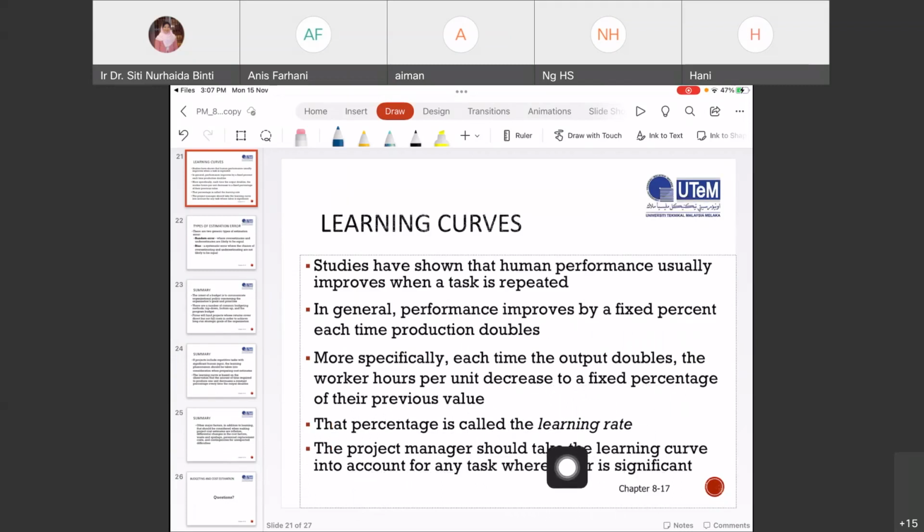Probably in the beginning of a project, it would cost you more because the learning curve is longer. But as time progresses, or probably the second repetition of the project, same scope, same project, job scope, everything else, they could complete it much faster because of the learning rate.